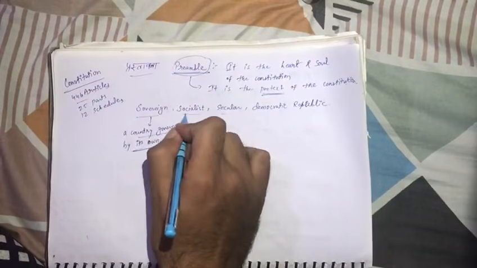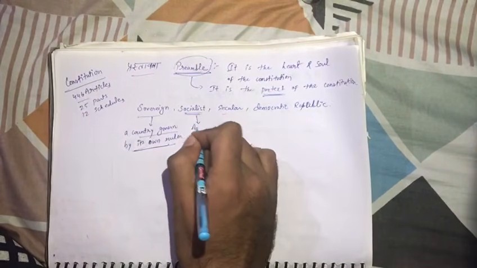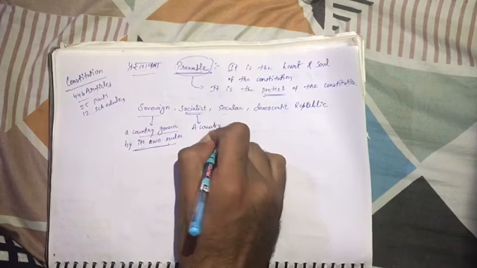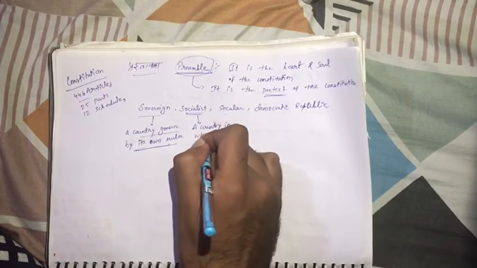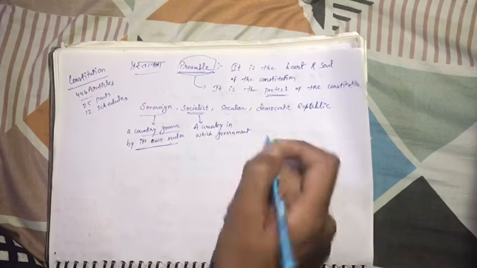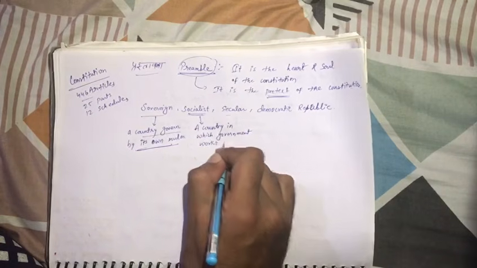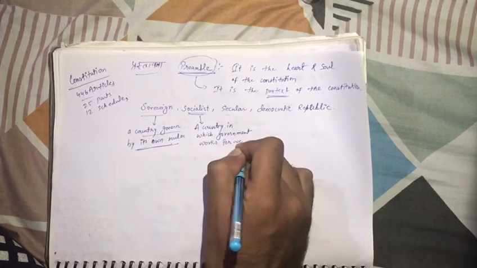Second thing is socialist. Socialist means a country in which government works for the welfare of the people.